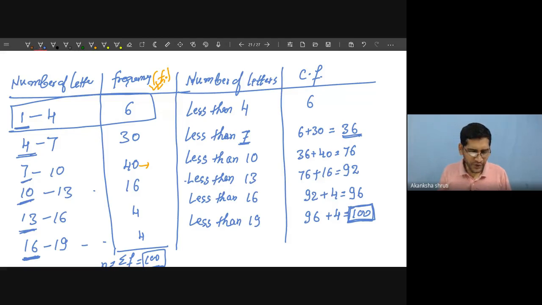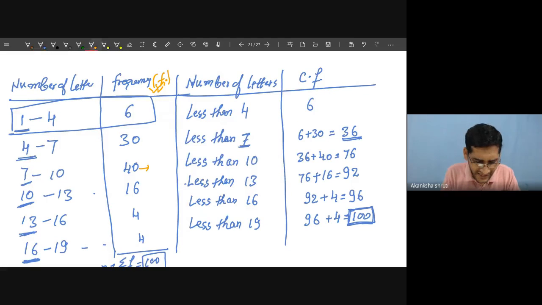For drawing the plot, this is our less than type. Means one part is our less than type curve we want to now plot.